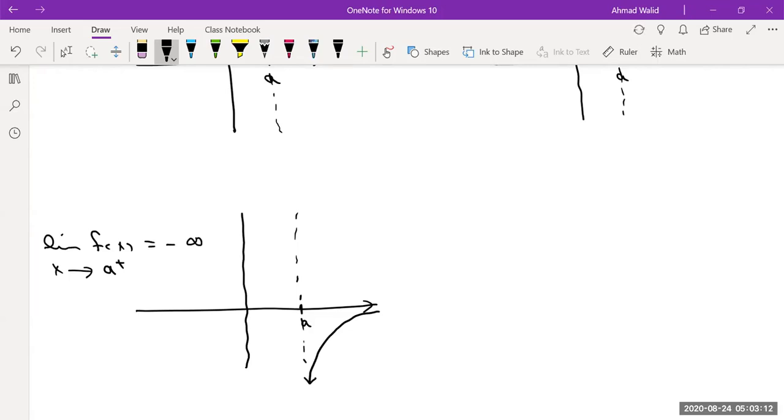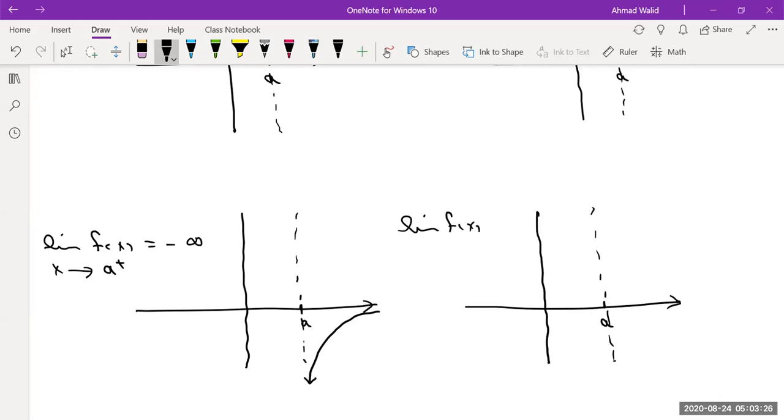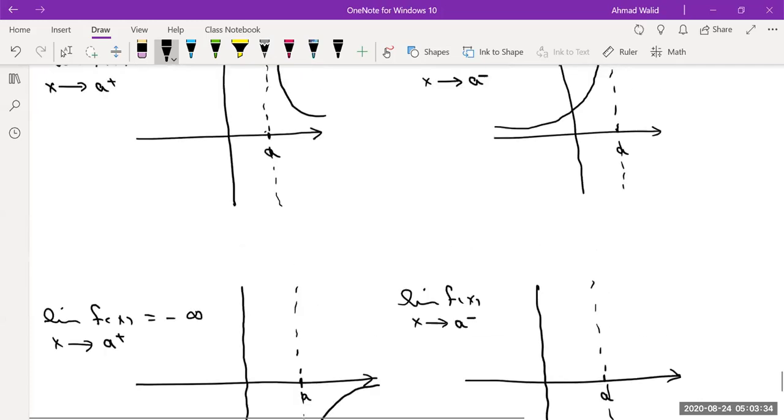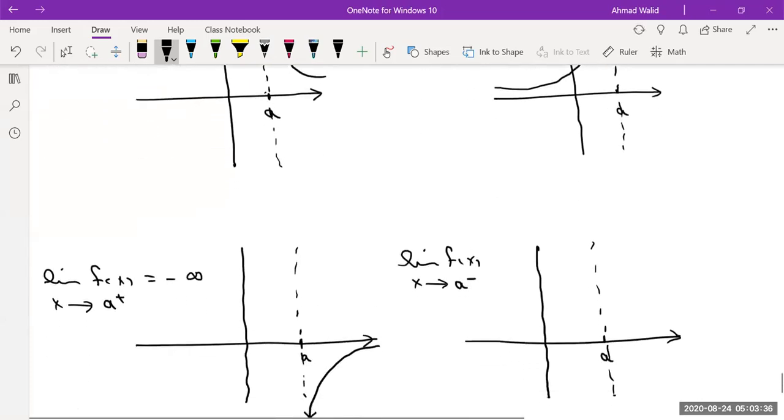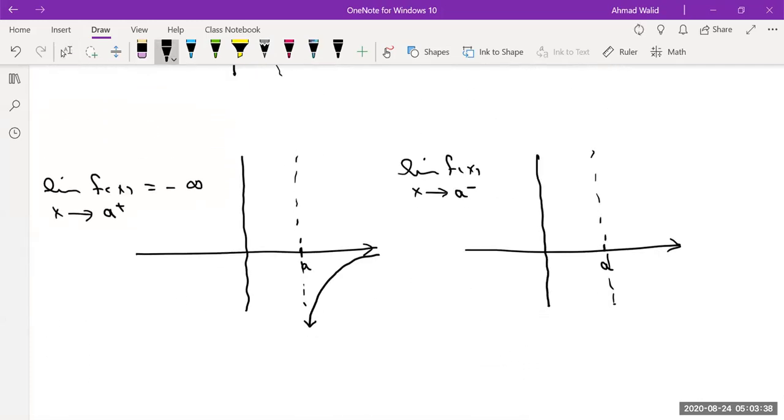You saw all of these graphs in algebra. And case number 4, the limit of f of x as x approaching A from the left, it can go also to negative infinity.